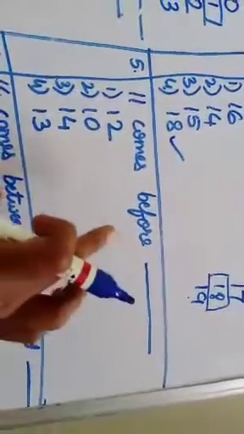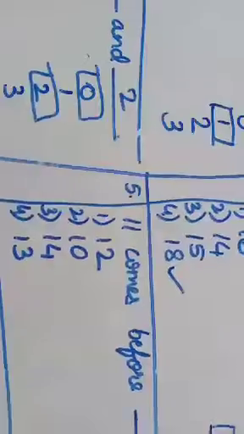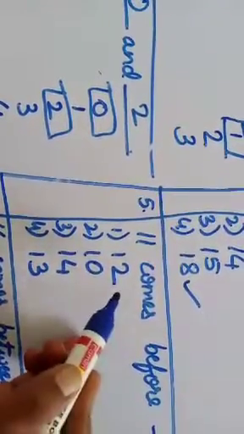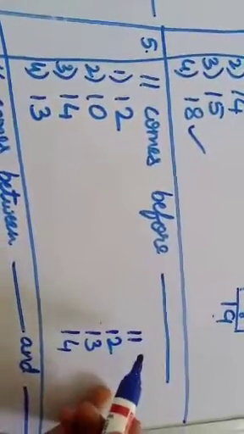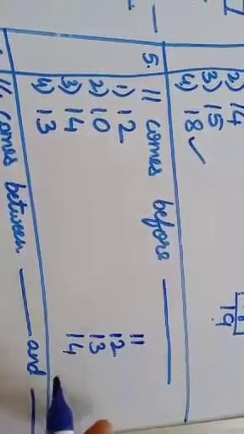The next one, 11 comes before dash. Options are 12, 10, 14, 13. So you can write the rough work here. That is you can write the numbers 11, 12, 13, 14.